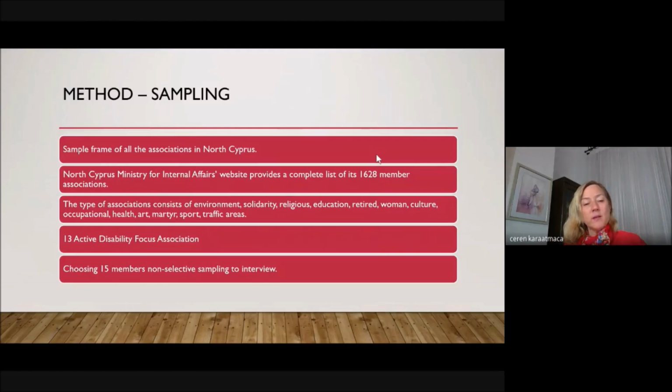When we looked at the type of the associations, they are environment, solidarity, religious, education, retired people, women, culture, occupational, health, arts, sport, traffic areas. And disability focus associations, the active ones, are 30. Also, we chose 15 members of these different disability focus associations, and we made a non-random sampling to interview.